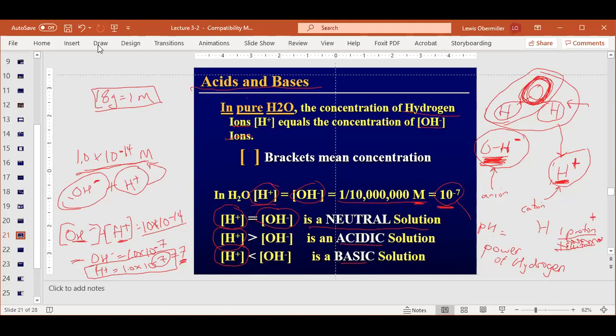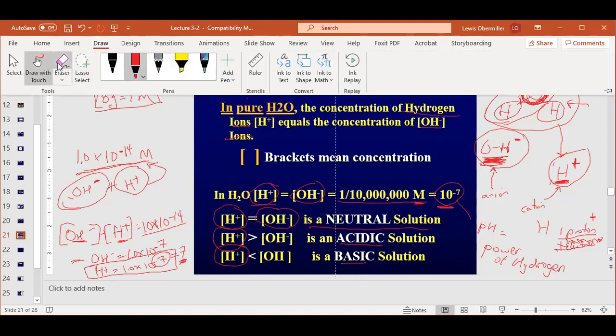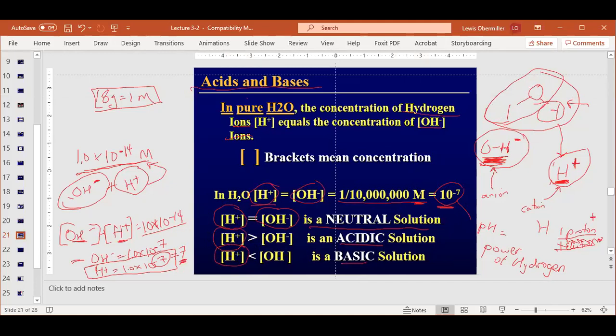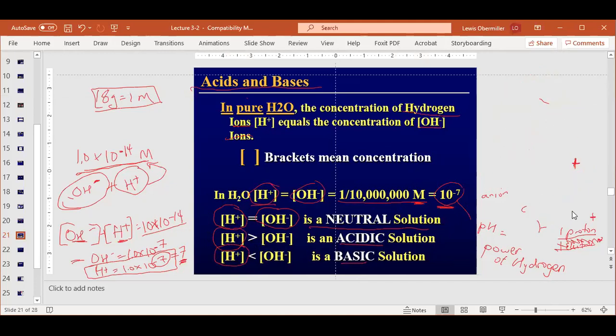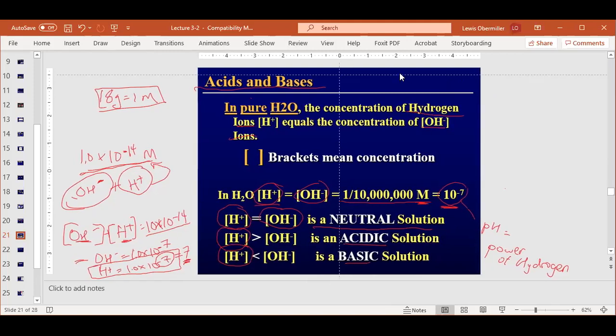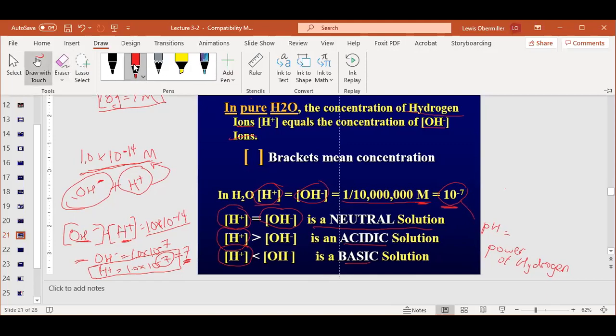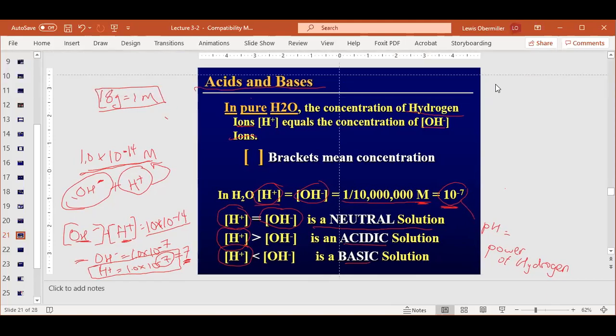So I'm just going to explain this a little further. Okay, so let's say that we were adding in hydrogens.